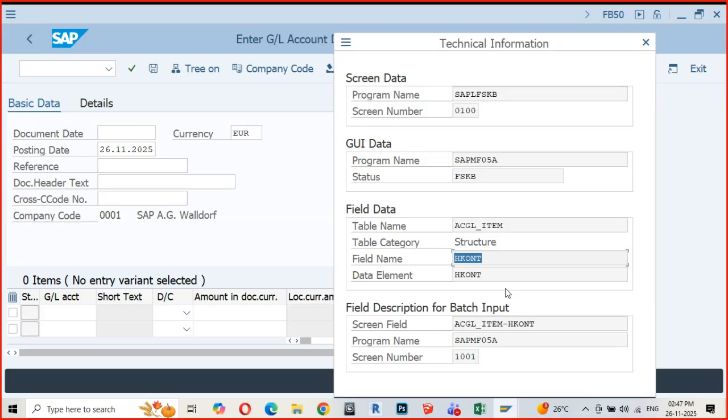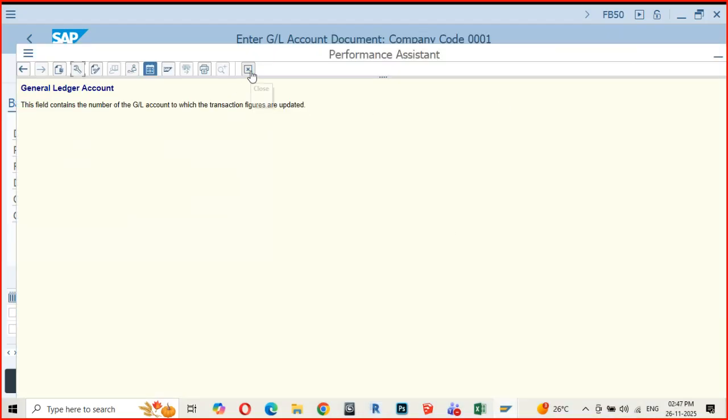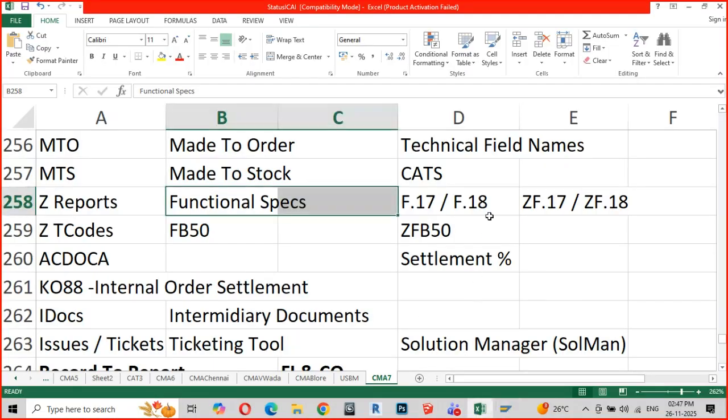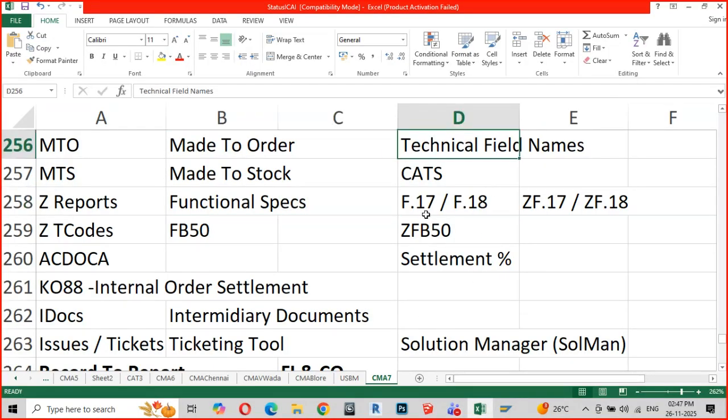Clear, students? So you have different kinds of tables also, structure, cluster, right? Let's not get into the depths of discussing each one of them. So this is about your technical names, technical fields.